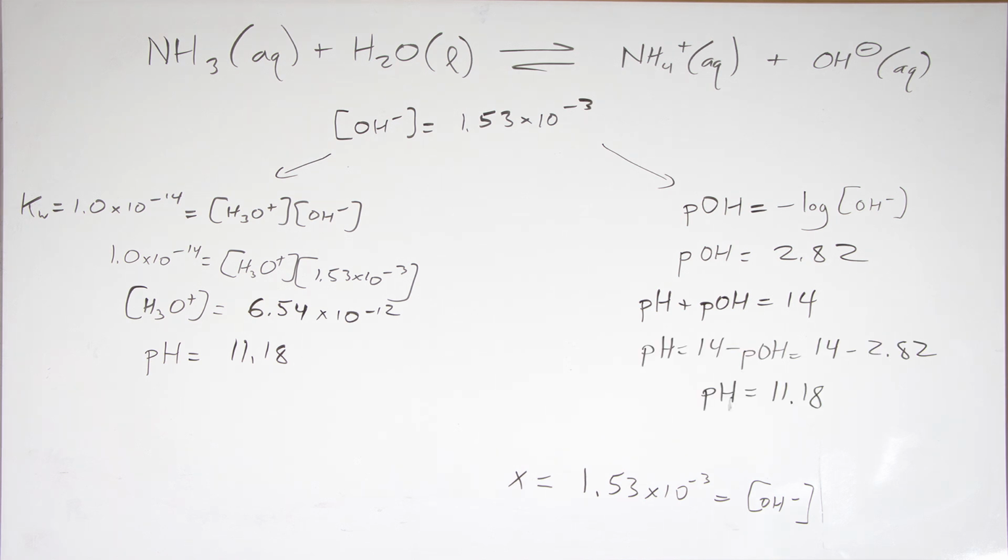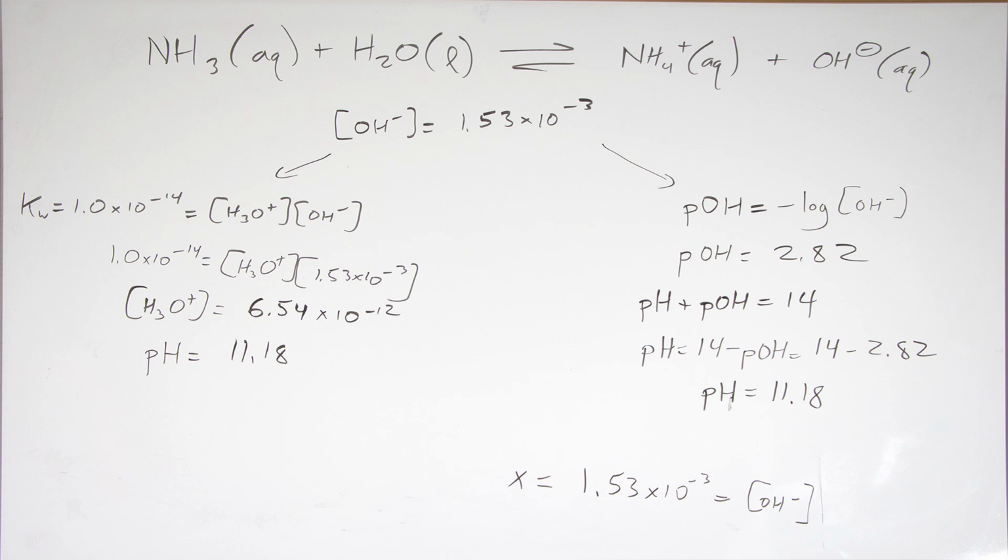Okay, now, this is important. Keep this in your brain. The point where we choose to do a logarithm doesn't change the answer I'm going to get afterwards. So the only difference between these two is whether I solve for the hydronium ion before I hit the log button or whether I hit the log button and then solve for the pH, which is the log of the hydronium ion.